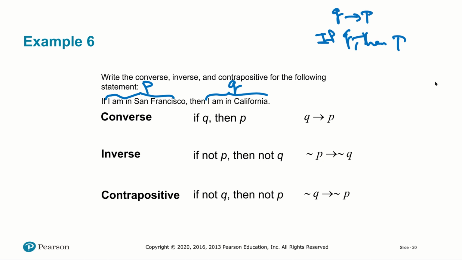So here we're going to say if I am in California, then P, I am in San Francisco.